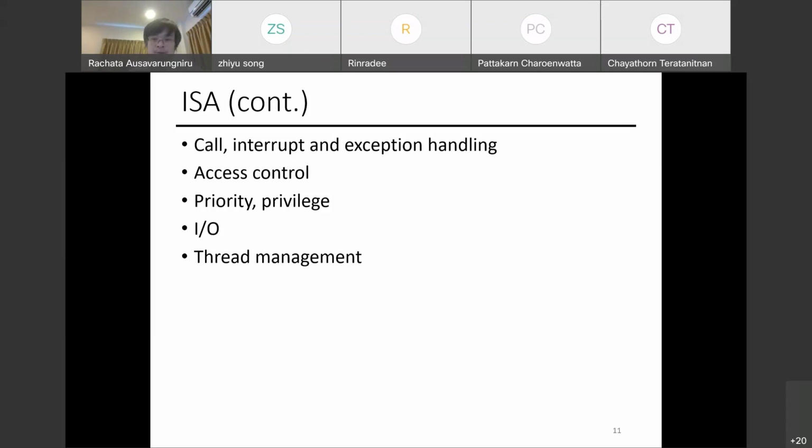Imagine the world without Windows, Linux, and Mac OS. What do you do? Imagine the world without these features from the ISA that allow the OS to operate. How are you going to use the computer? Exactly, something close to that. You have to not just speak binary, you have to speak assembly.